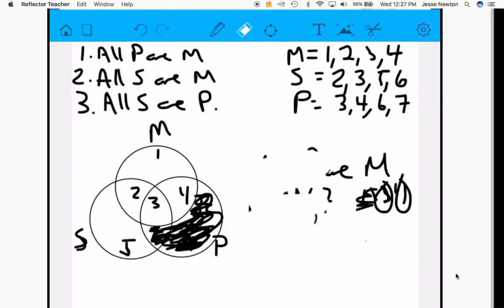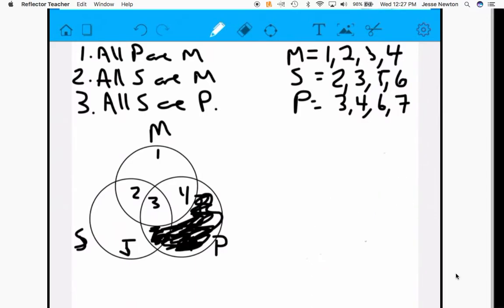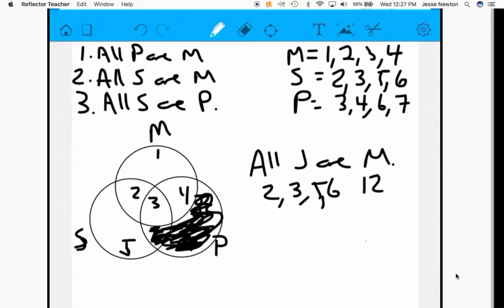Now, let's do the second premise, the minor premise. All S are M. S is equal to regions 2, 3, 5, and 6. M, 1, 2, 3, and 4. And what do we do? Well, circle the regions of overlap, which are 2, 3, 2, and 3.